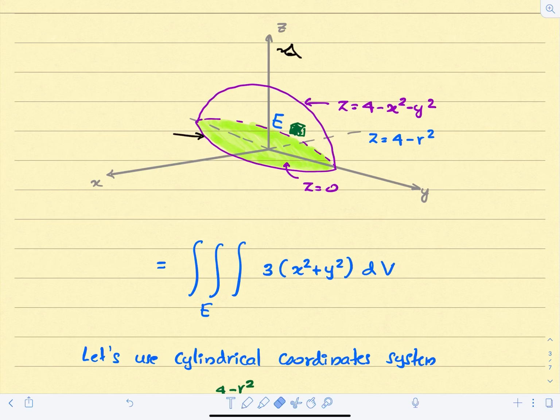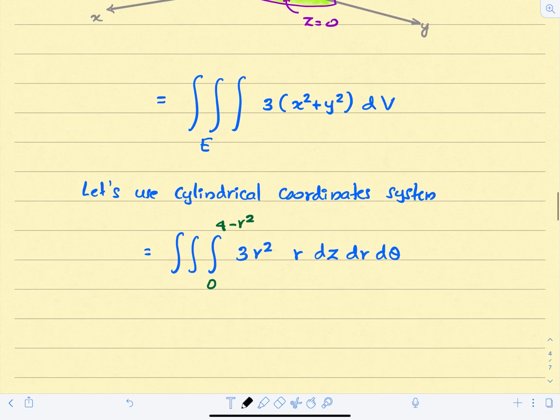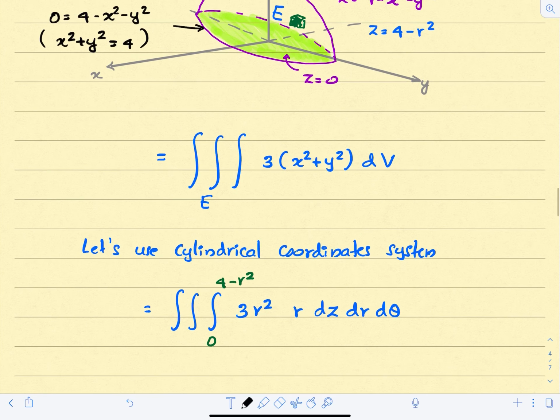So you have 0 equals 4 minus x squared minus y squared, which is the same as x squared plus y squared equals 4. This is a circle with radius 2. It means your r value goes from 0 to 2 and theta goes from 0 to 2 pi.